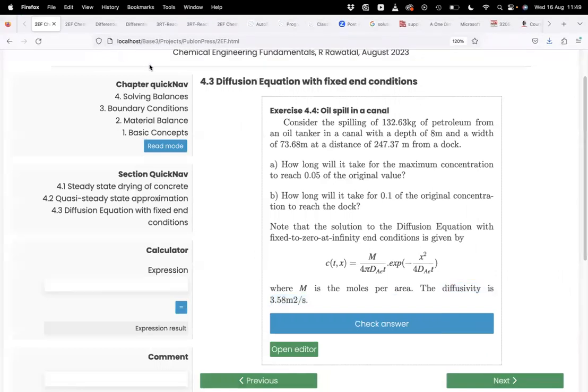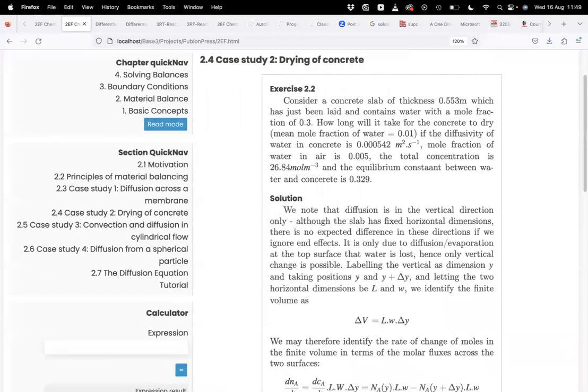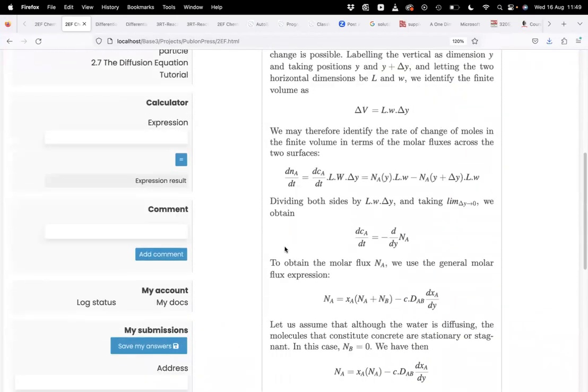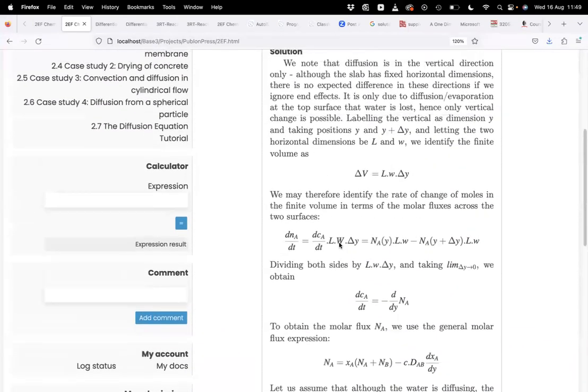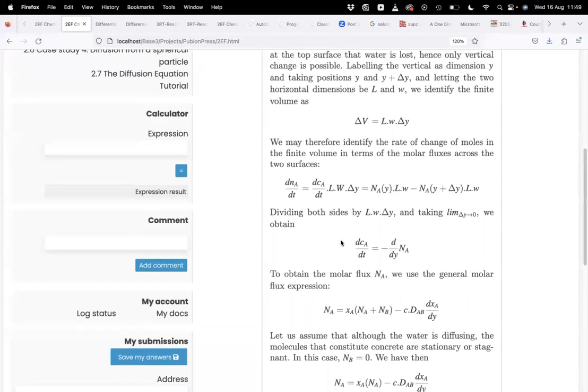So here, for instance, if we look in chapter 2, the same developments as we had for the drying of concrete, we would have a delta Z this time. And then the rate of change of the concentration there. We would have a molar flux in and a molar flux out. And then we were given the height and the width of the canal. So the cross-sectional area here. So we would have the cross-sectional area there.